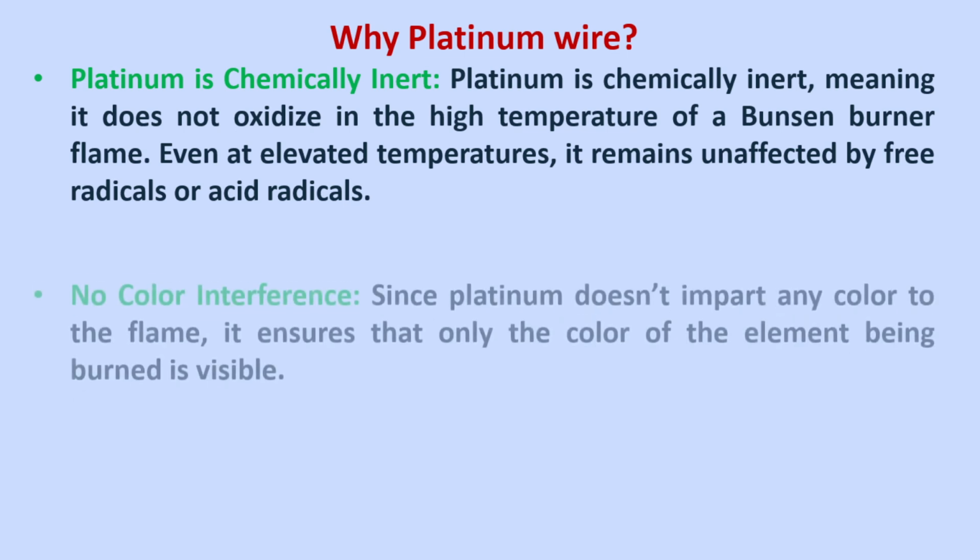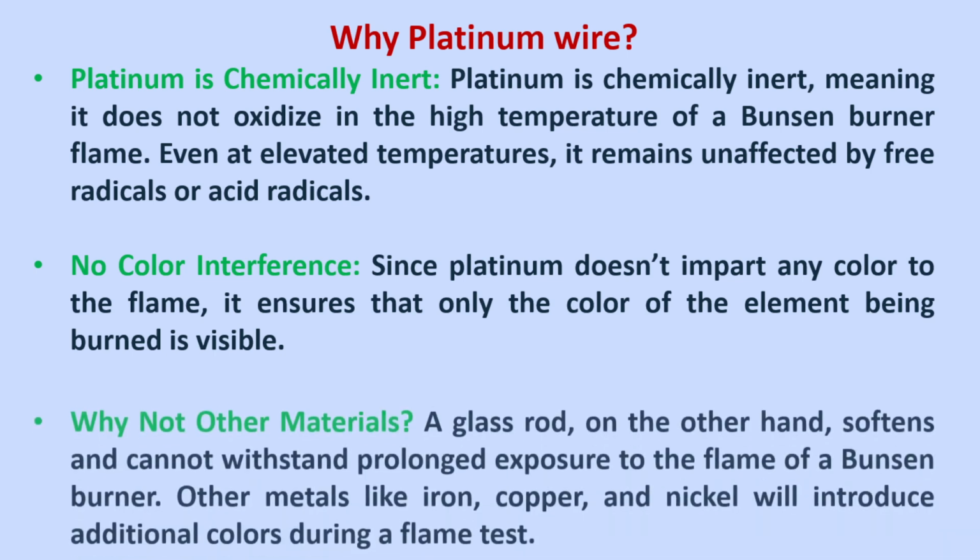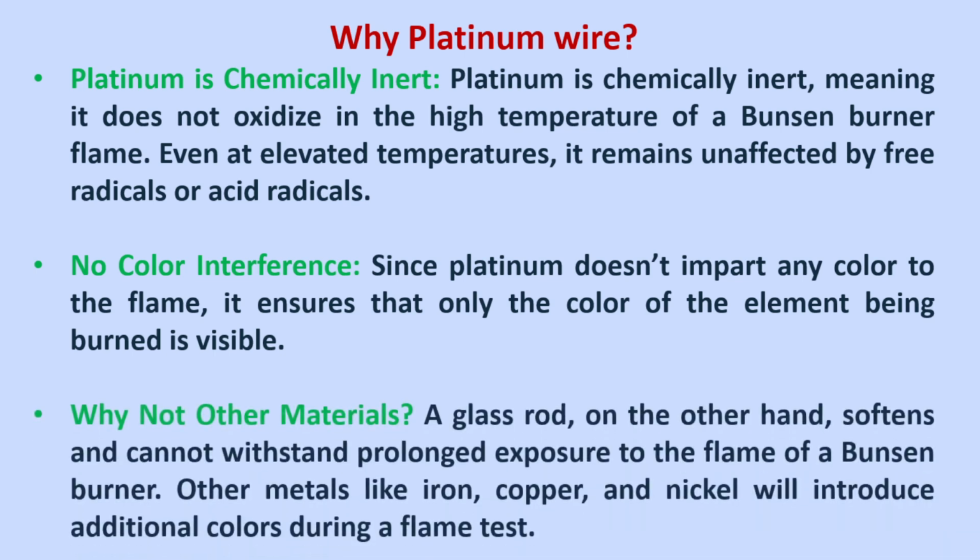One of the main reasons we use platinum is that it doesn't impart any color to the flame. This is crucial because it ensures that only the color of the element being tested is visible in the flame, without any interference from the material holding it. If we use a glass rod, for example, it would soften and eventually melt under the heat of the Bunsen burner flame.